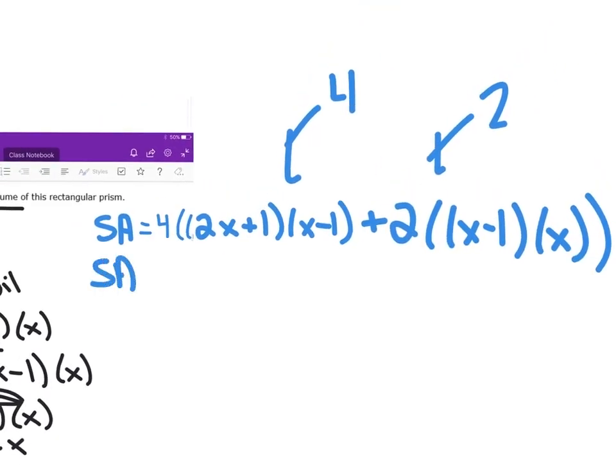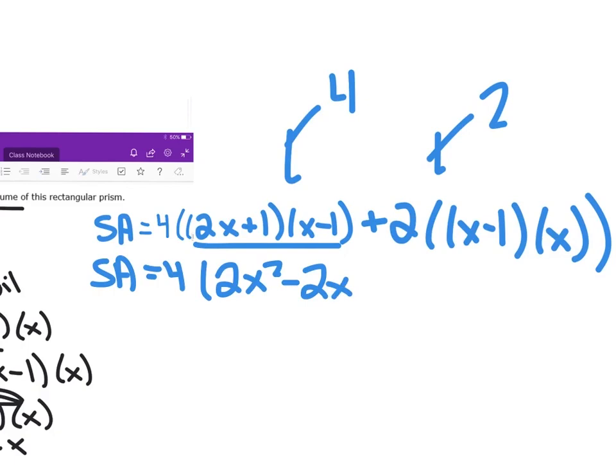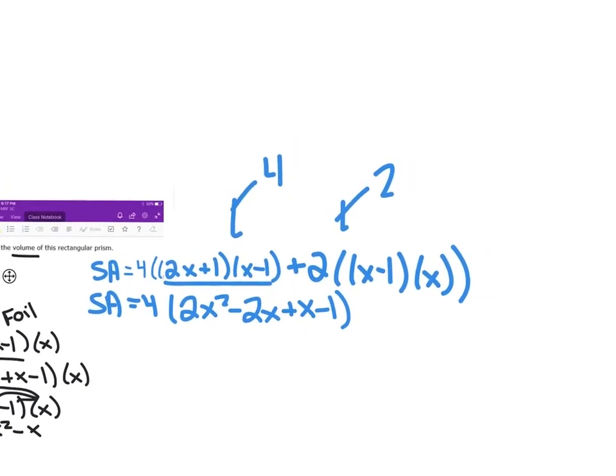But we're going to start with inside the brackets. So we would start with FOIL here. So we get 2x squared minus 2x plus x minus 1. Okay. Doing the other side now, we would start in the brackets. So keeping that outside 2 there, we have x squared minus x.